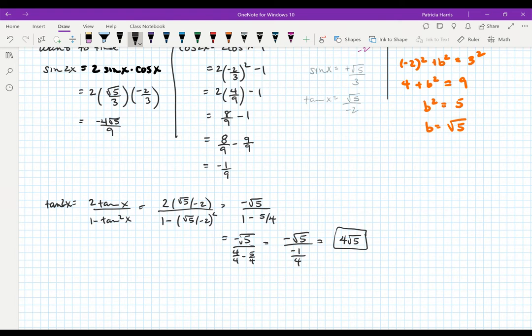I know that tangent is sine over cosine, so let's try. Let's see if it's easier. It might not be, but let's see.